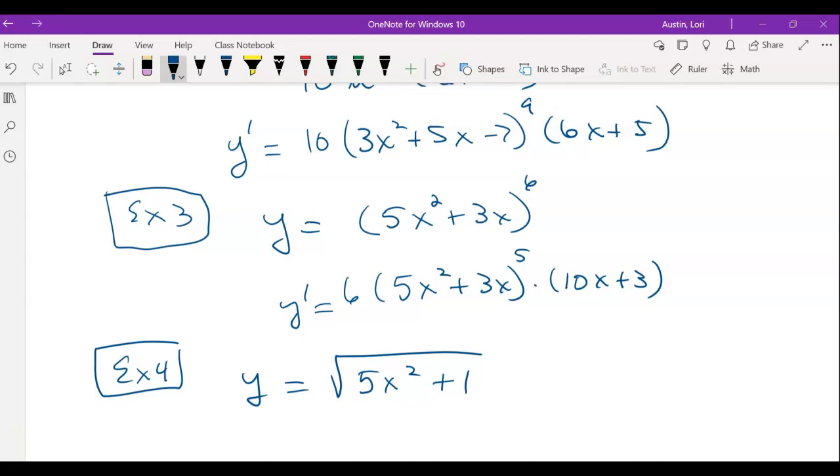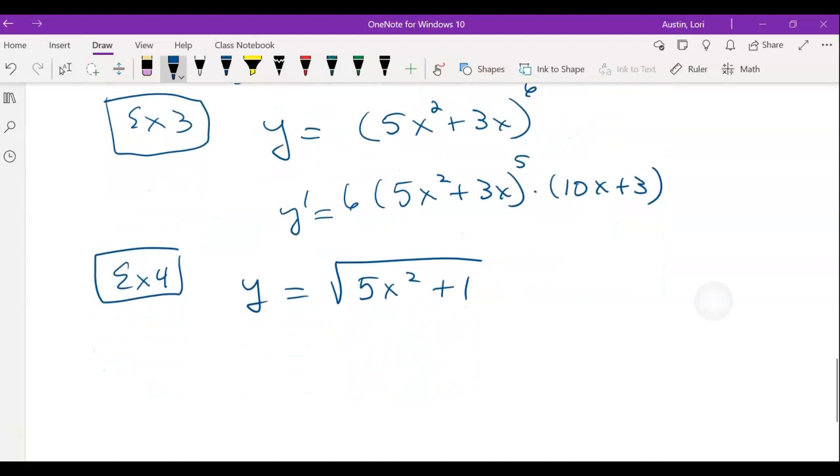And sometimes finding the derivative of that outer function requires you to put it in terms of u because it becomes too complicated. So we're going to go back to using our u's. So again, first step, what's my inner function? What should I let u equal?